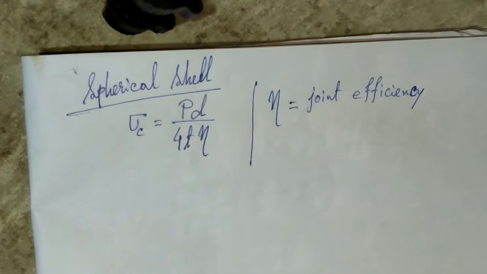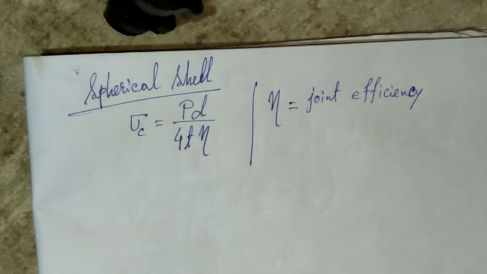So in this lecture we have learned about the cylindrical shell and spherical shell, and different stresses that are generated in different conditions, in circumferential case or in longitudinal case, and the different failures that will come.